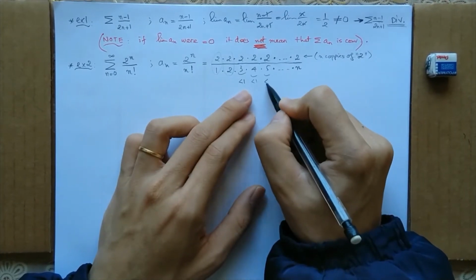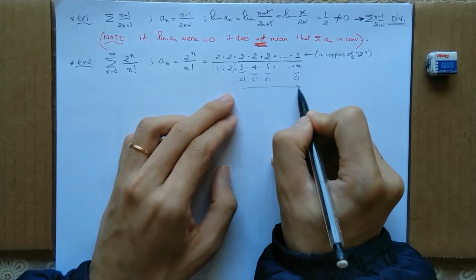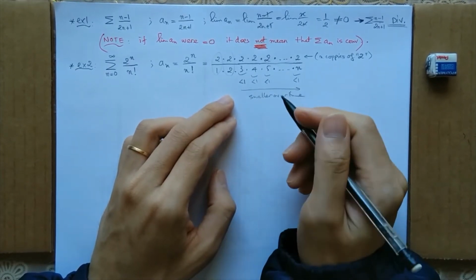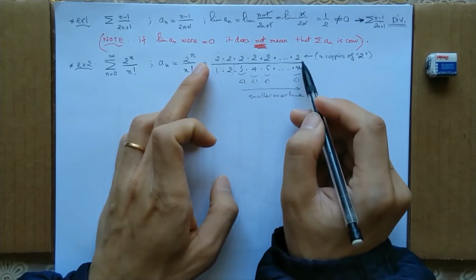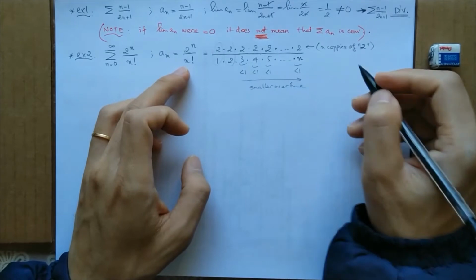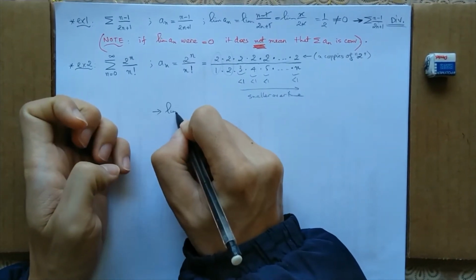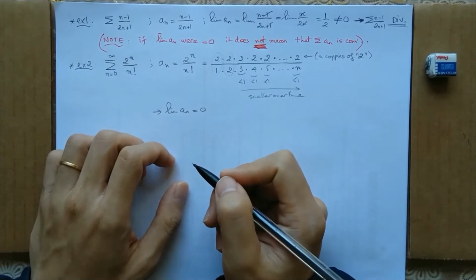And the more you go, the smaller the fraction is going to be. So when n is big enough, the top is nothing compared to the bottom, and so the limit of an is going to be 0, right?